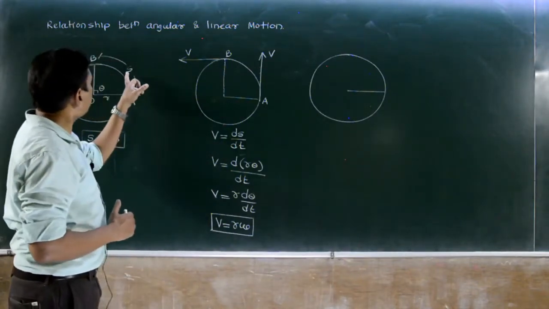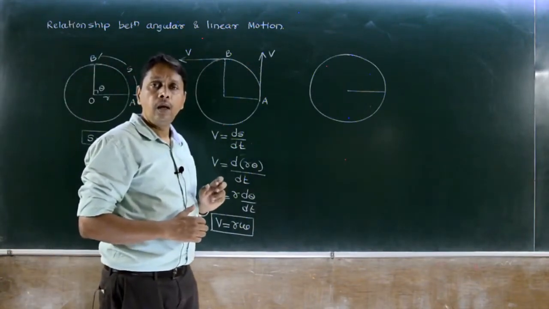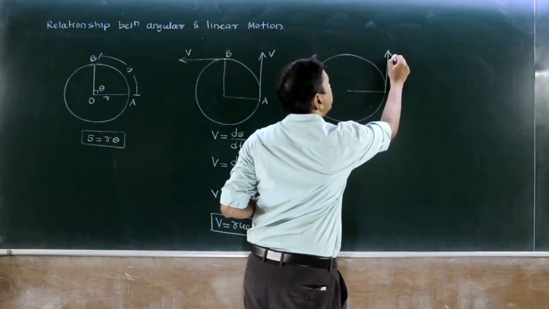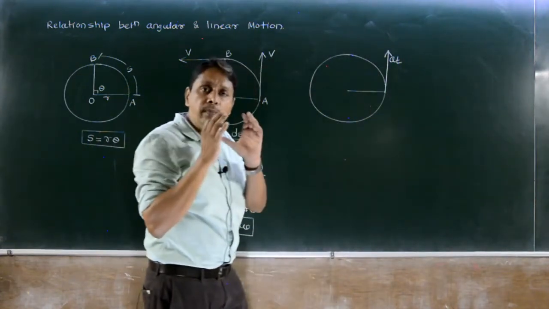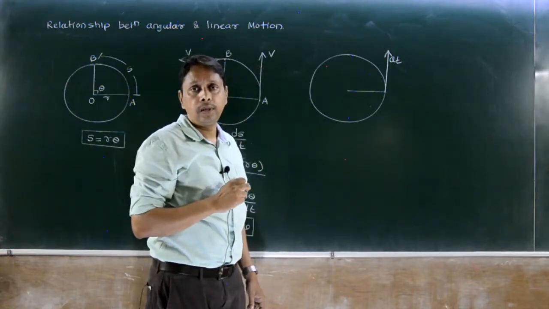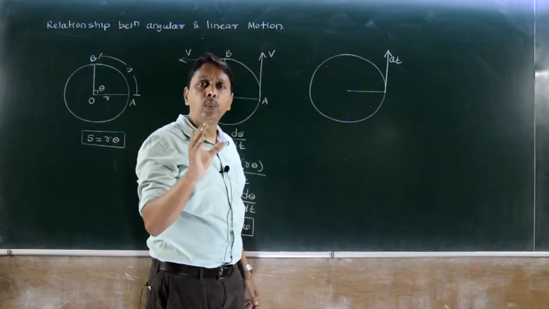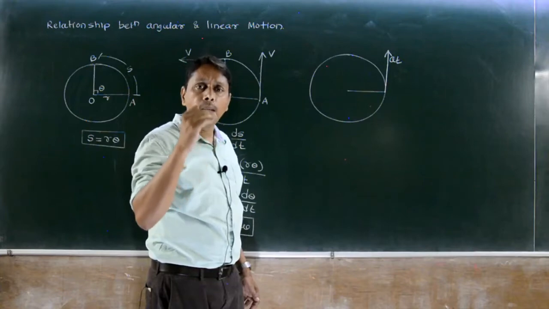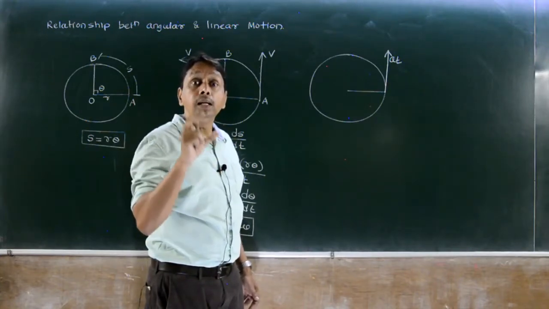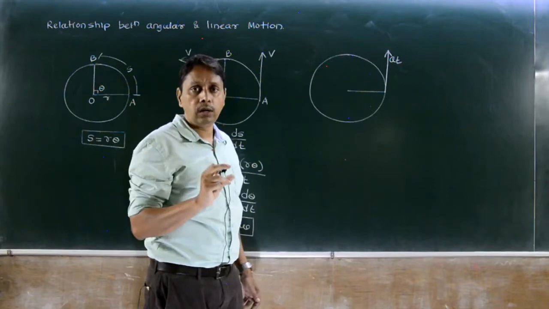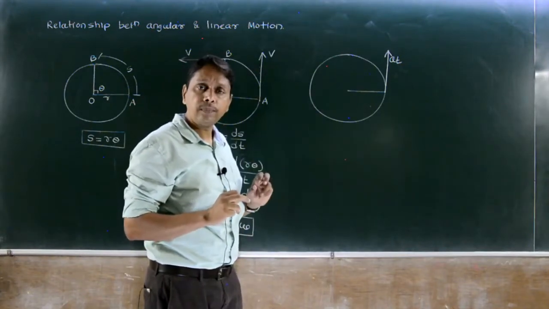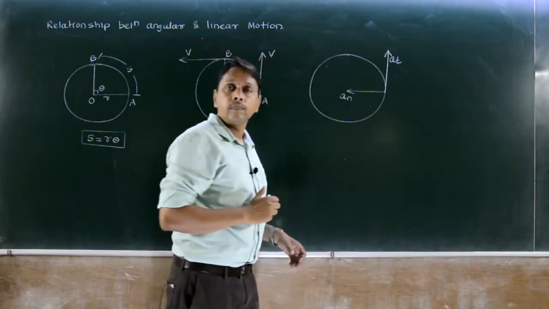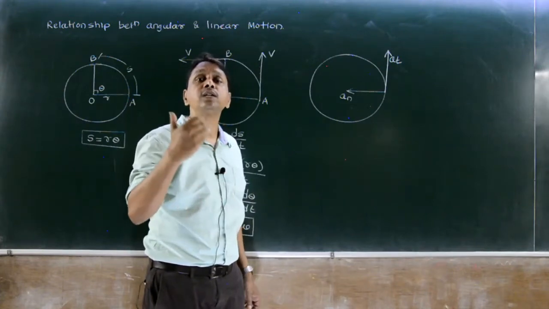Now this distance s is covered with velocity v and with some acceleration, called the tangential acceleration a_t, with which the body moves along the circular path. On a circular path there are two accelerations: one tangential acceleration and another normal acceleration, for which we will derive the expression in the next video.